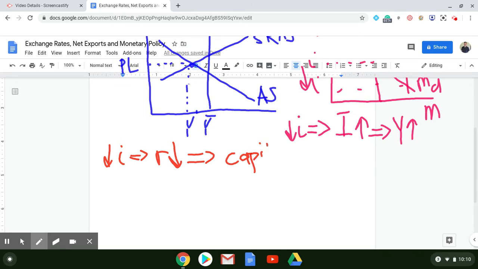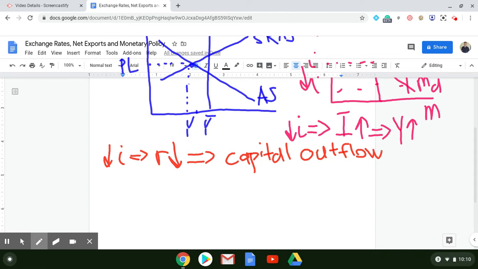Because presumably there'll be other countries out there with higher interest rates than ours, which just fell. So investors, or savers, will take their savings, go to another country, and put their capital into different bonds or stocks or whatever you have in those countries because there's a higher rate of return.